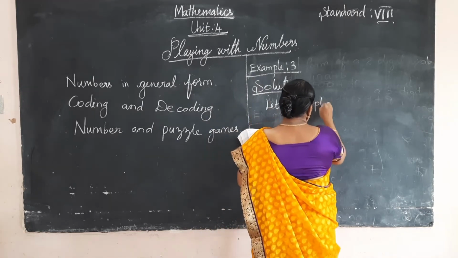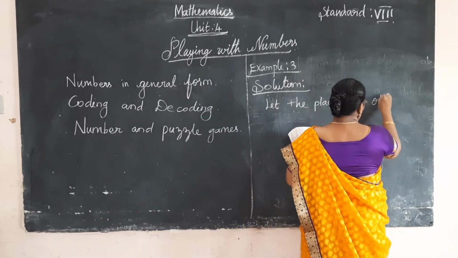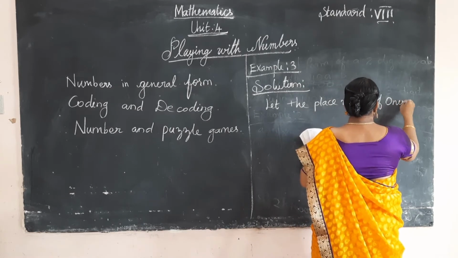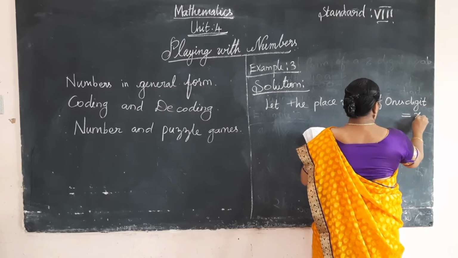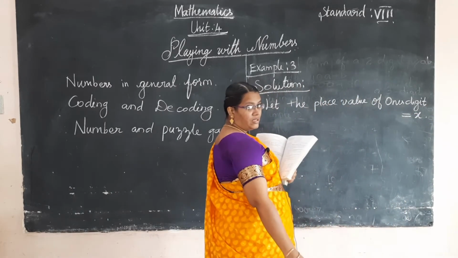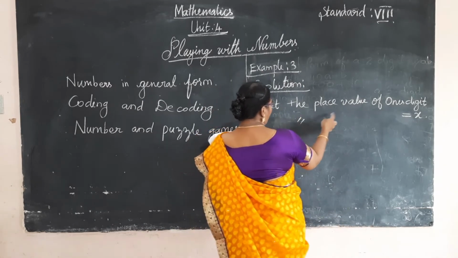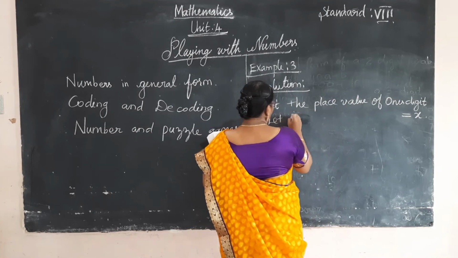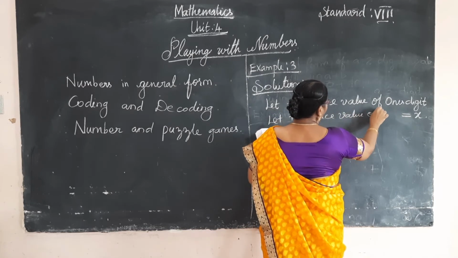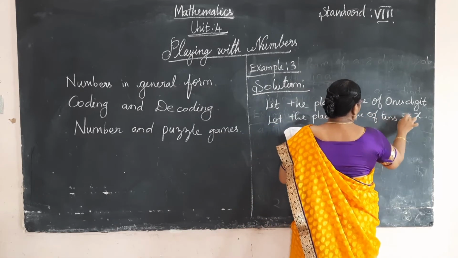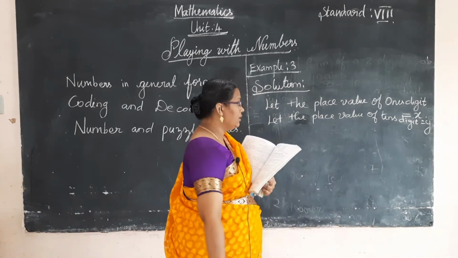Let the place value of the ones digit be x, and let the place value of the tens digit be y. The tens digit is equal to y.